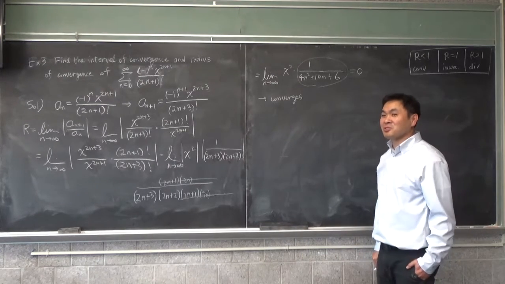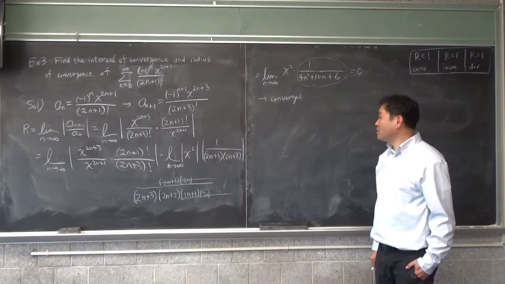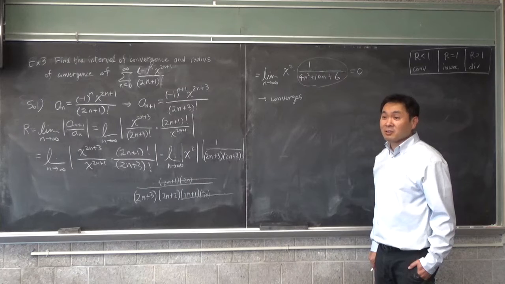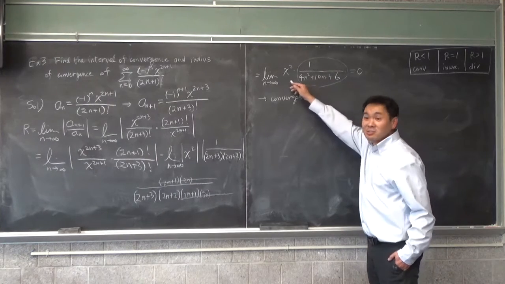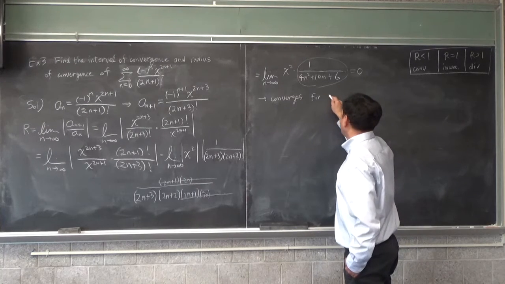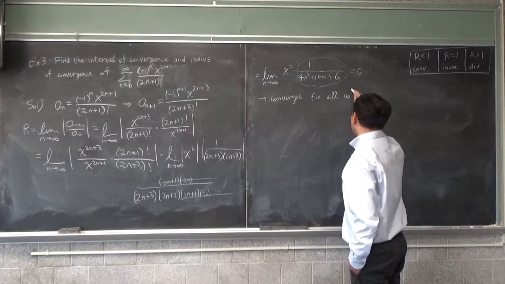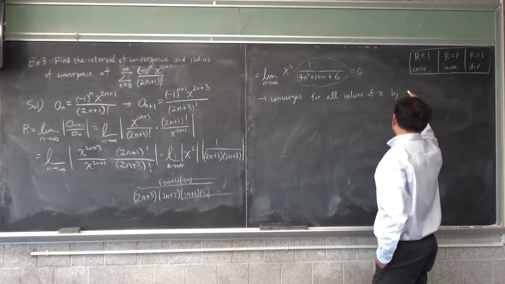Usually we had some condition on x. What is this thing saying? All values of x. For any value of x, you're always going to get 0. Whatever x is, it's always 0. So it converges for all values of x by the ratio test.